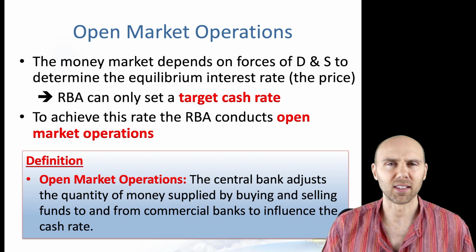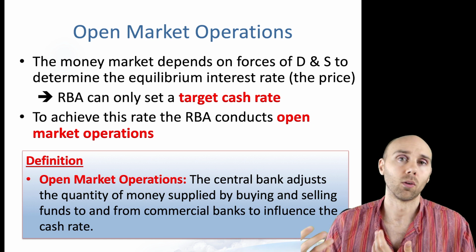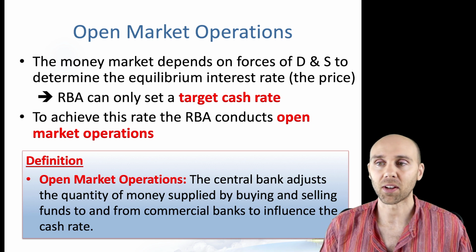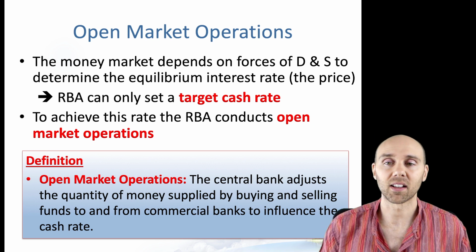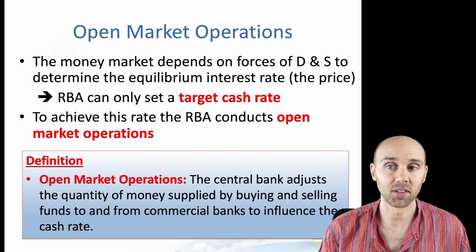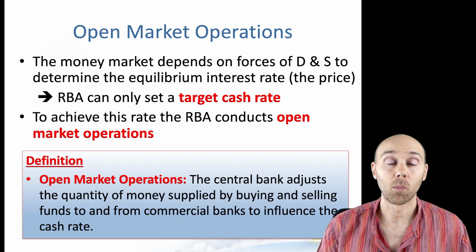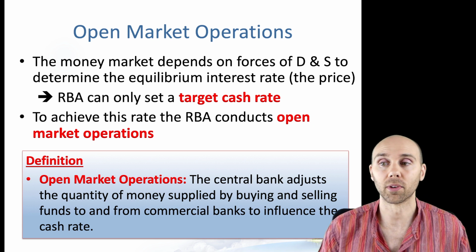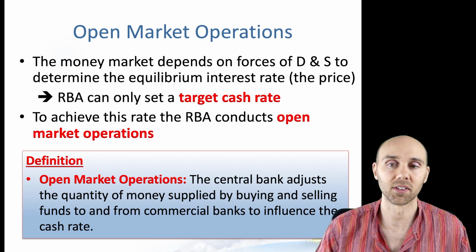So the RBA is now going to target this month 1% as an interest rate. You might hear that on the news. To actually get there, it conducts these operations called open market operations, where it adjusts the quantity of money supplied by buying and selling different sorts of products or funds to and from the commercial banks to influence the cash rate.